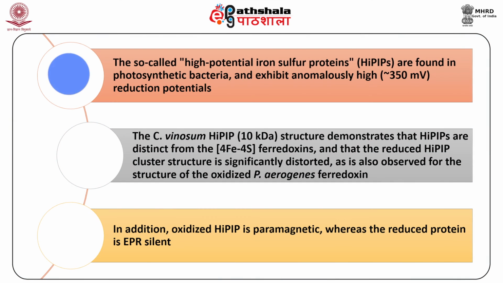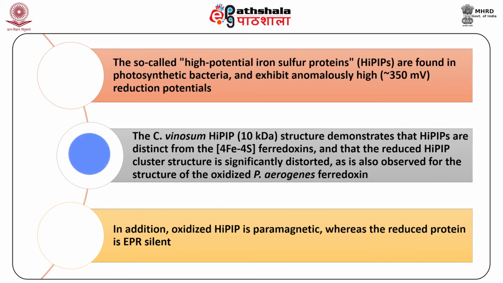The so-called high potential iron sulfur proteins, HiPIP, are found in photosynthetic bacteria and exhibit anomalously high, approximately 350 millivolt, reduction potentials.